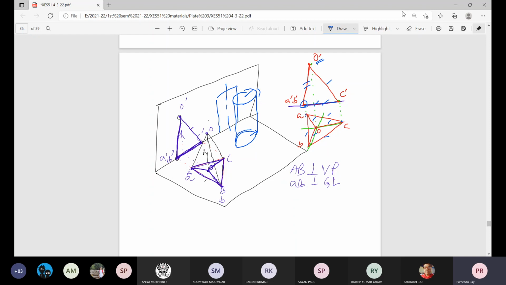In plan, this is the plan itself when it is resting on the HP. In elevation, it will be rectangle. Width is the diameter of the cylinder. Height is the height of the cylinder.